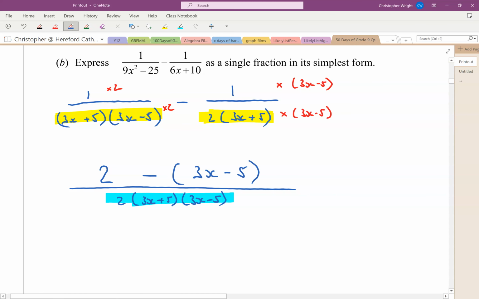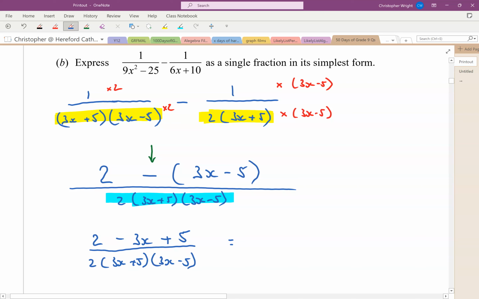Now be careful to put that in a bracket because this minus sign here is going to have an effect on both the 3x and the minus 5. So what I'm going to have is 2 minus (3x plus 5) all over 2 lots of (3x plus 5)(3x minus 5).